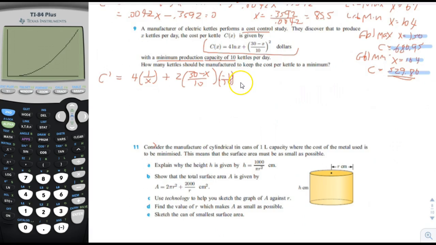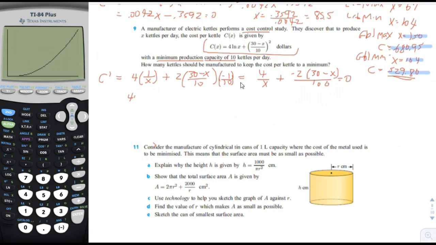All right, and then let's multiply this out. So we'll have 4 over x plus 2 times (30 minus x) over 100. And let's set that equal to 0 because we're looking for the stationary points. Then we'll multiply by 100x to get the 100 and the x out of the denominator.